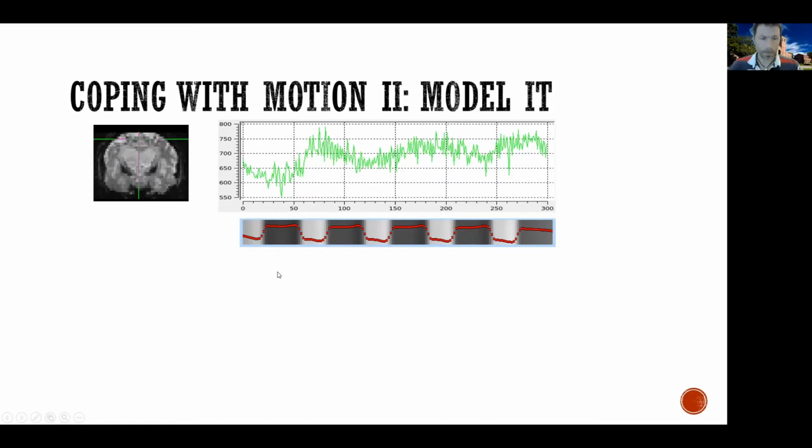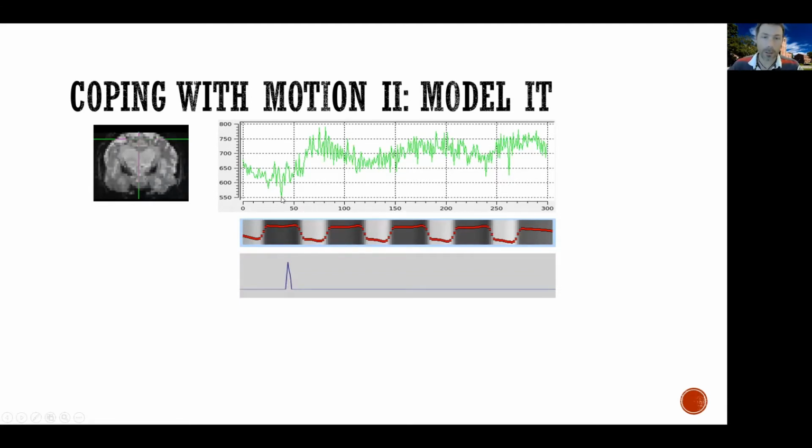So what you could do when you analyze the data is tell the statistical analysis software, hey, this is when my task was off, and this is when my task was on. This is when it's off. So your software knows that any change that goes up and down together with your task is signal, is what we want to explain. So you can also say, hey, not only is there this task going on and off, do note that at some point there was a big motion, and it was right here.